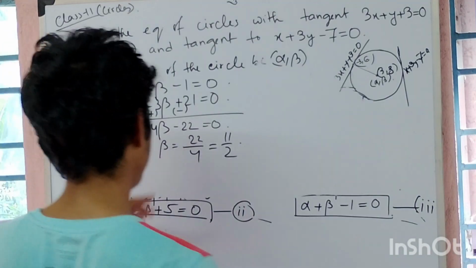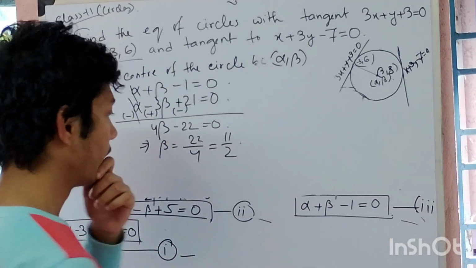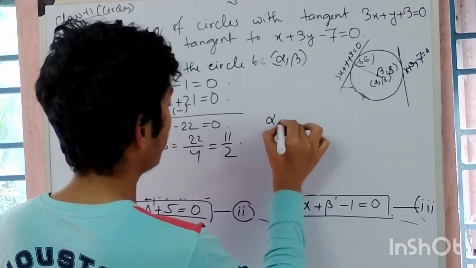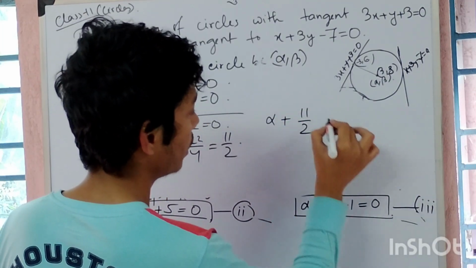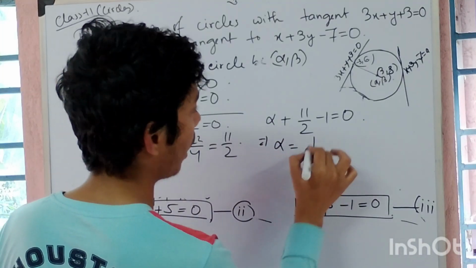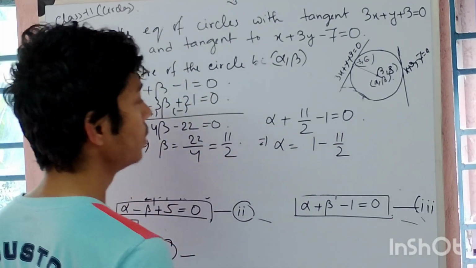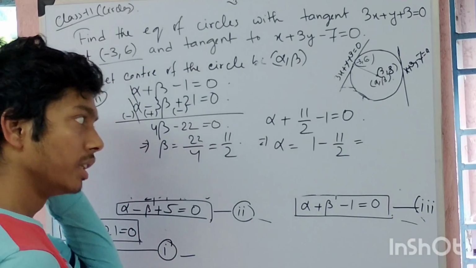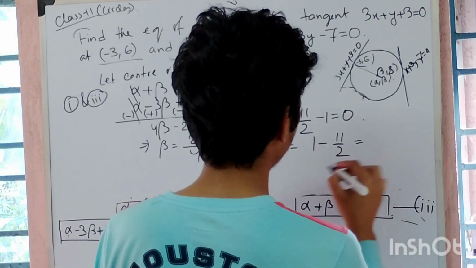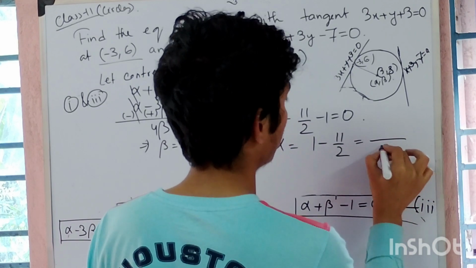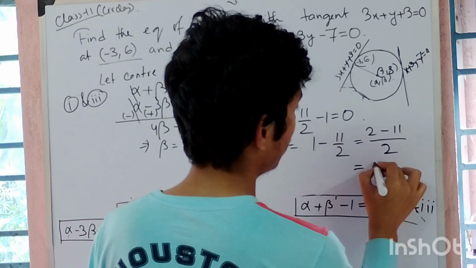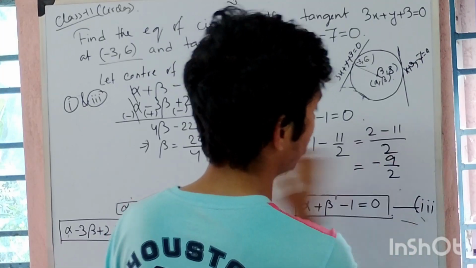If I put this value into any of them, I am putting it into equation 3, then I can easily find alpha. Alpha plus beta, which is 11 by 2, minus 1 equals 0. So my alpha will be 1 minus 11 by 2. Its value will be 2 minus 11, so it will be minus 9 by 2.